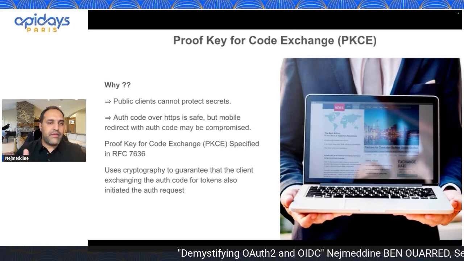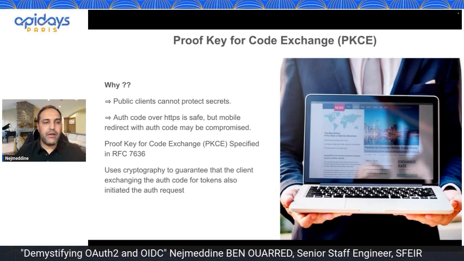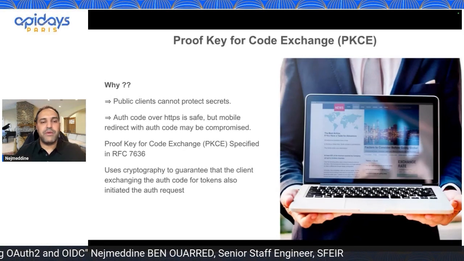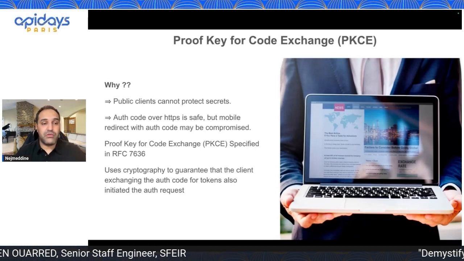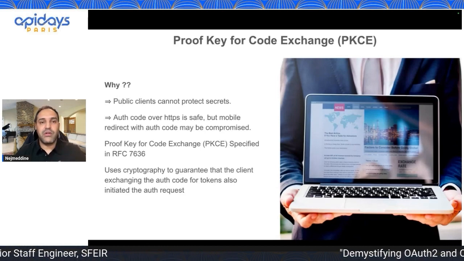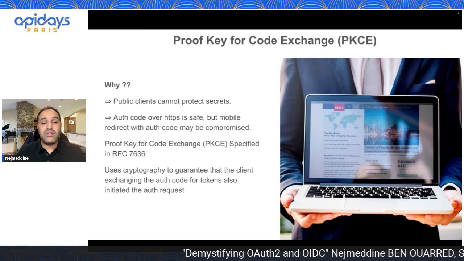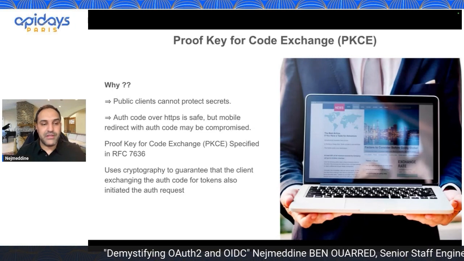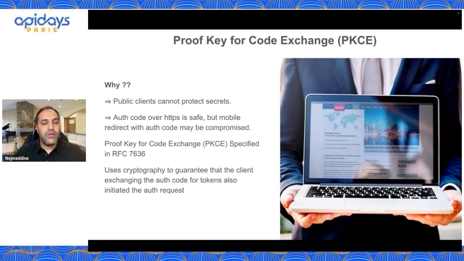The idea is that public clients cannot protect a secret, and the OAuth code over HTTPS is safe, but mobile applications, since you can use a mobile application also to get the access token relying on the authorization code, are not safe, and the code may be compromised. That's why we rely on cryptography to guarantee that the client exchanging the OAuth code for a token also initiated the OAuth request.